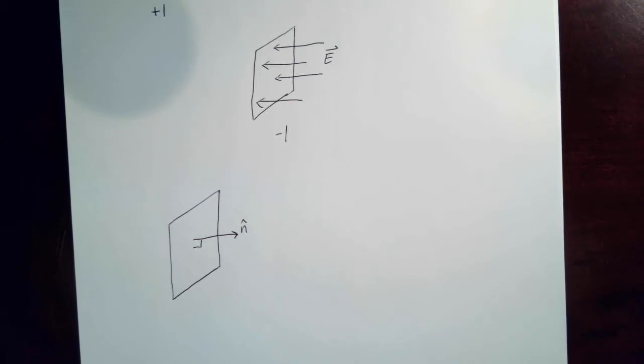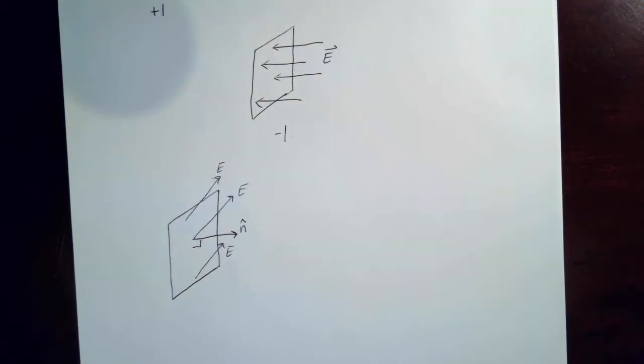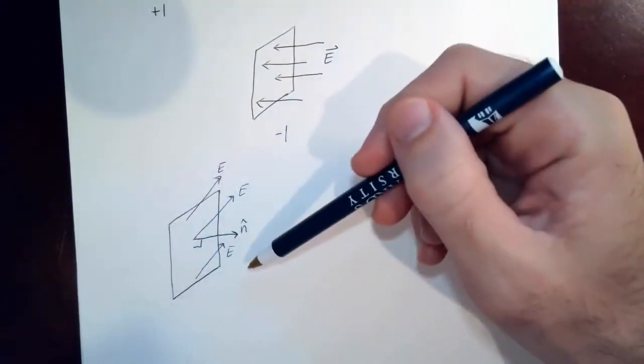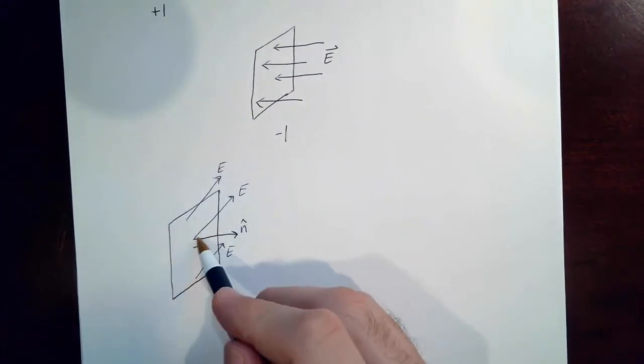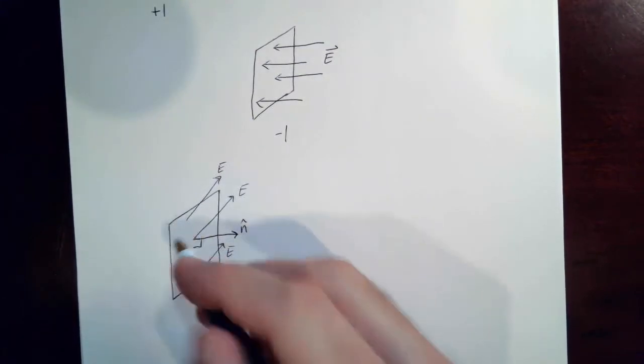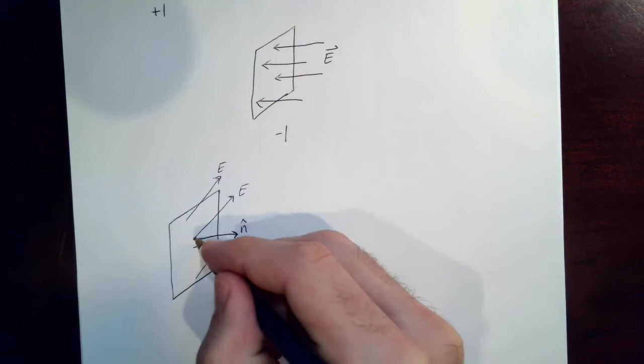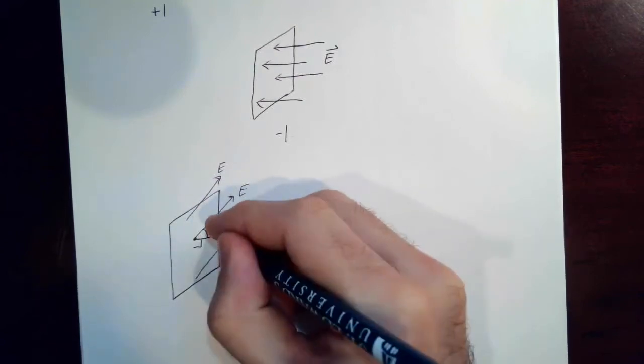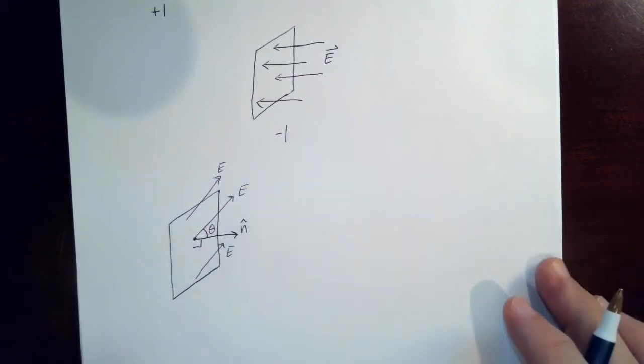And it's a unit vector, so it has length 1. Okay, and let's say we have some electric field lines passing through this surface. Then if I put the unit normal right at the point where the electric field line pierces the surface, then I can define this angle between them. I'm going to call that angle theta.